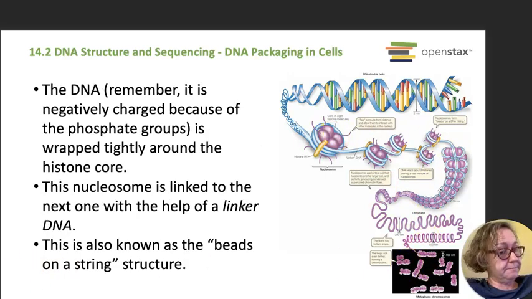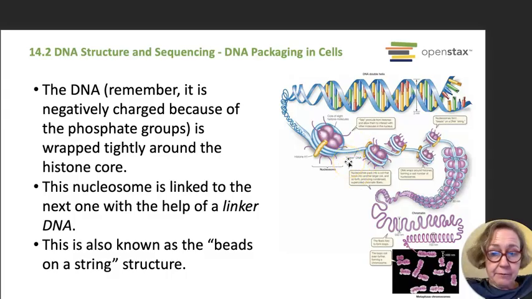So the DNA, remember, is negatively charged because of the phosphate group, and it is wrapped tightly around this histone core. This is called a nucleosome. The nucleosome is linked to the next one with linker DNA. Now, this is very confusing because this is still DNA.